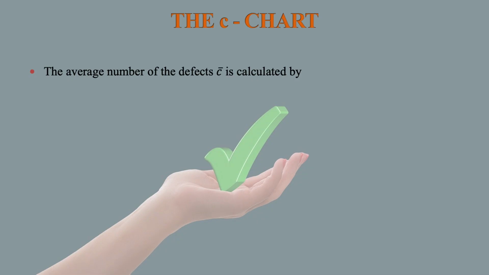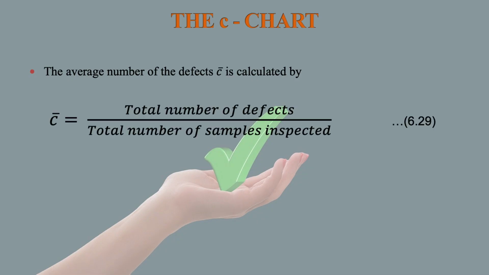But one very important thing is this, that while calculating LCL, if you get the negative value, then we have to consider LCL as 0. The average number of defects C bar is calculated by C bar is equal to total number of defects divided by total number of samples inspected.